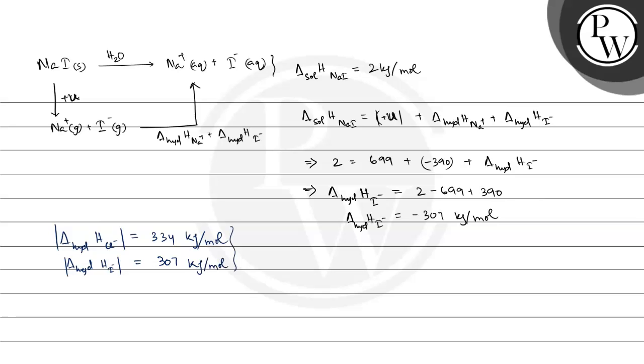So here we can see that hydration is more in Cl minus than in I minus, and this is due to the higher charge density.